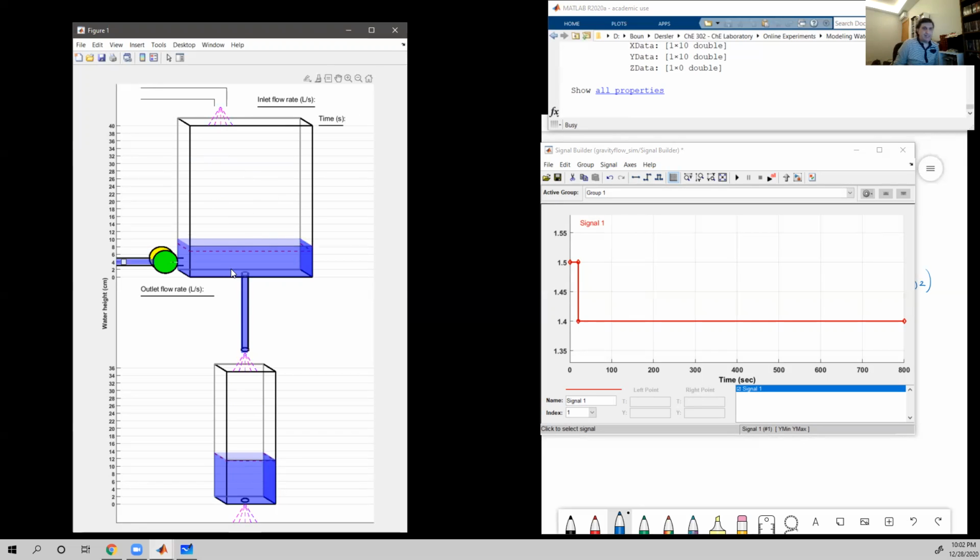First of all, it seems to me the level of the first tank is increasing faster, which means sooner or later this will be transmitted to the second tank. And within 50, 60 or 70 seconds, we can see the increase in the water level of the second tank pretty clearly.